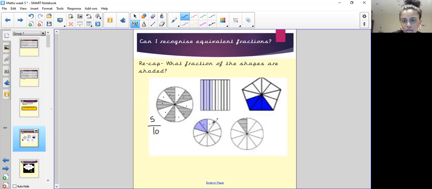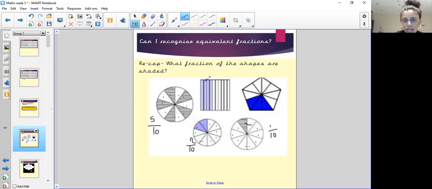We have 10 again, and only 2/10 are shaded. And over here, we've got 10, but there's only one segment shaded, so that's showing us 1/10.